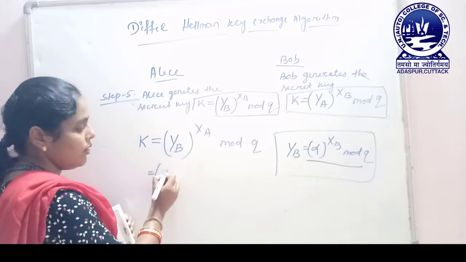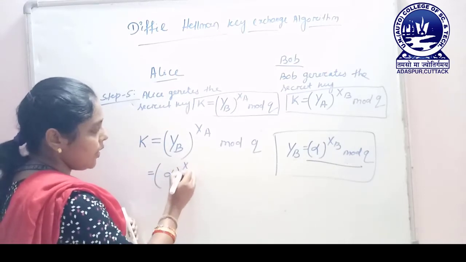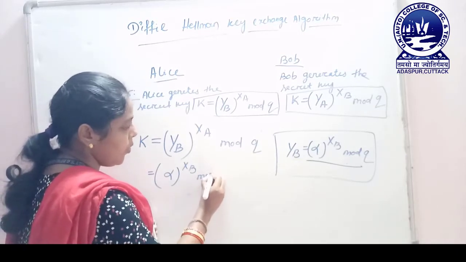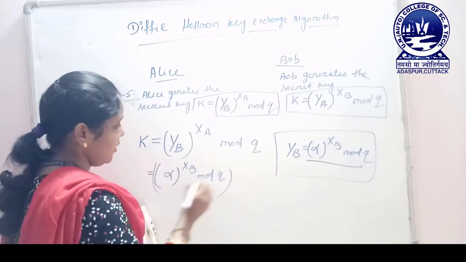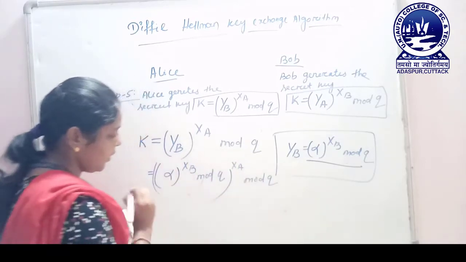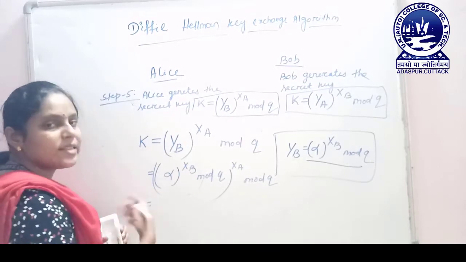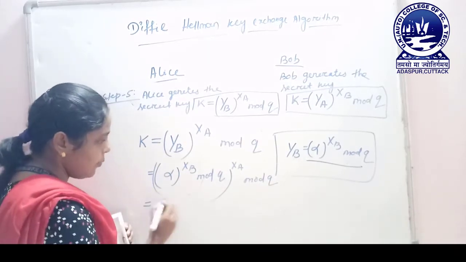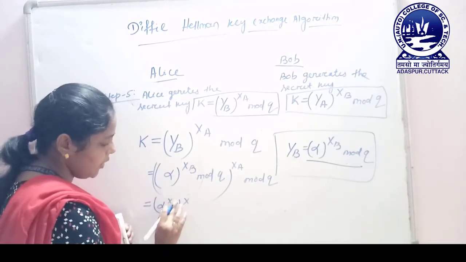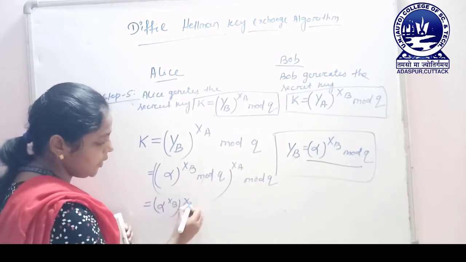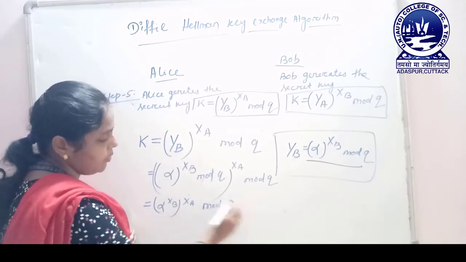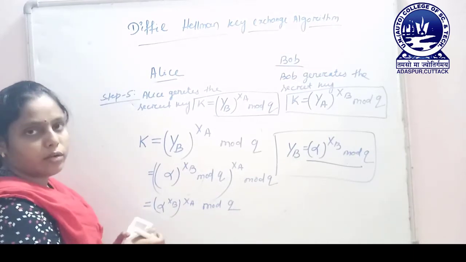That means alpha to the power XB mod Q, then to the power XA mod Q, which can be written as alpha to the power XA, then alpha to the power XB, then XA, mod Q by using the modular rule.